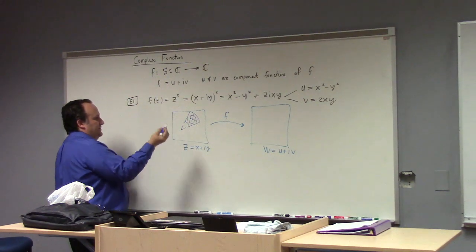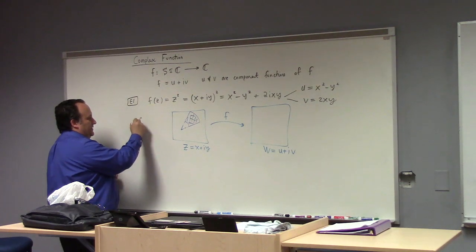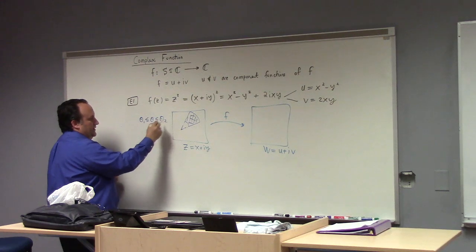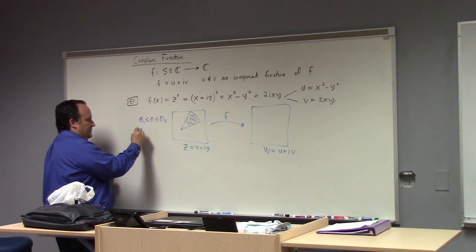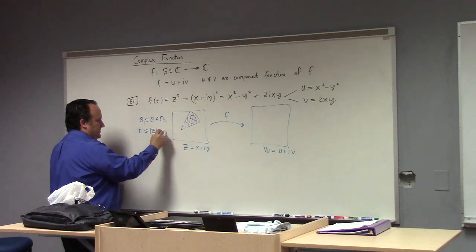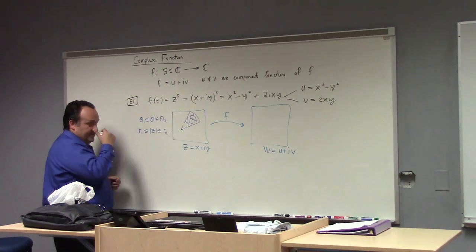And so geometrically what you're talking about is theta 1 less than or equal to theta less than or equal to theta 2, and r1 less than or equal to modulus of z less than or equal to r2, right?